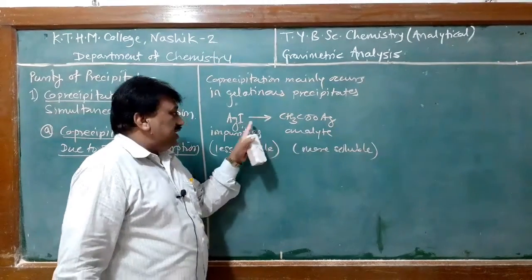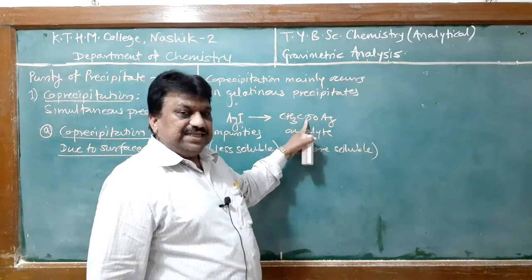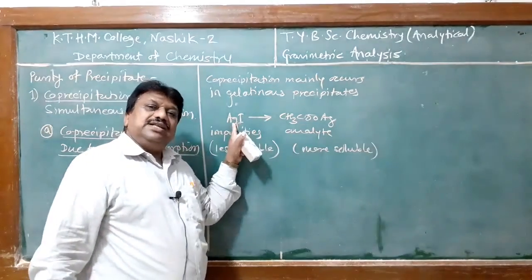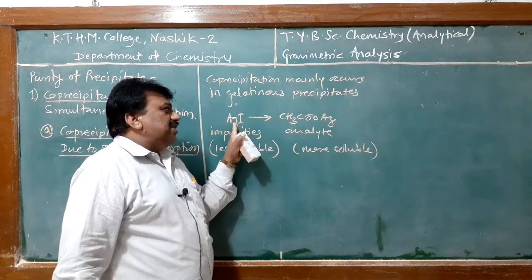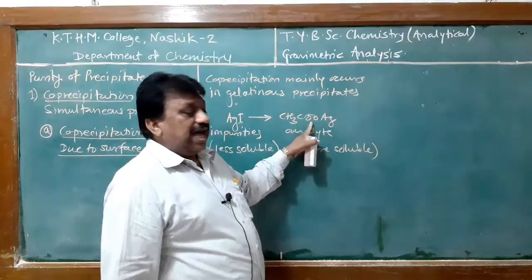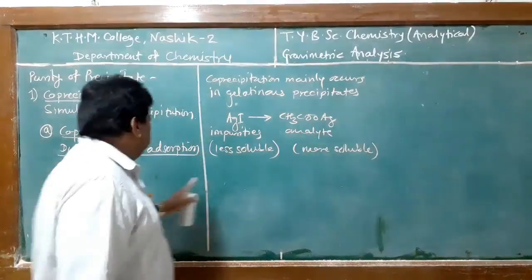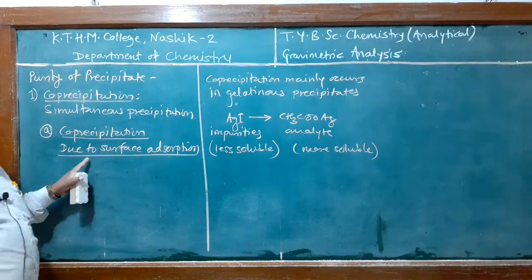And when we obtain the precipitate of silver acetate, then silver iodide is also precipitated out. Therefore, this silver iodide is adsorbed on the surface of silver acetate as an impurity, and that is because of co-precipitation due to surface adsorption.